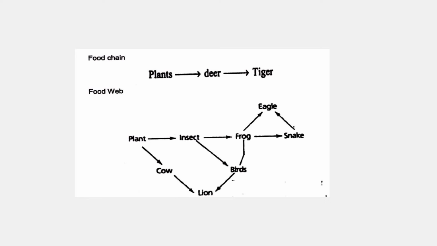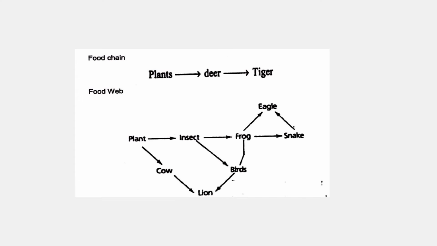I hope you follow. The same, see another example: plant eaten by insects, eaten by frog, eaten by snake. At the same time, frog can also be eaten by eagle and snake eaten by eagle. Then plants eaten by cow, cows are eaten by lion.